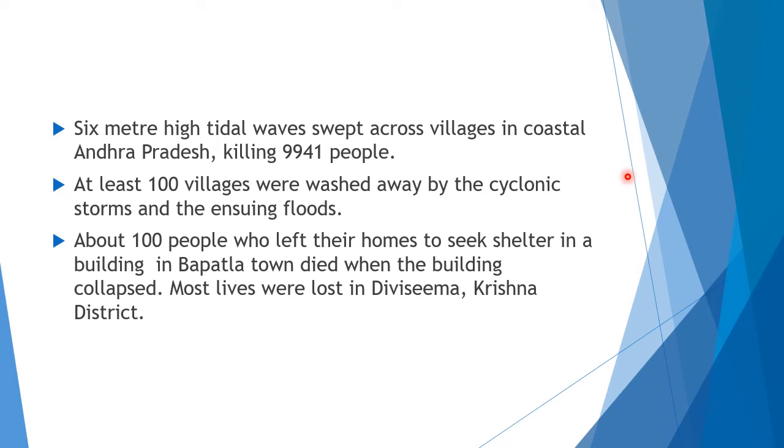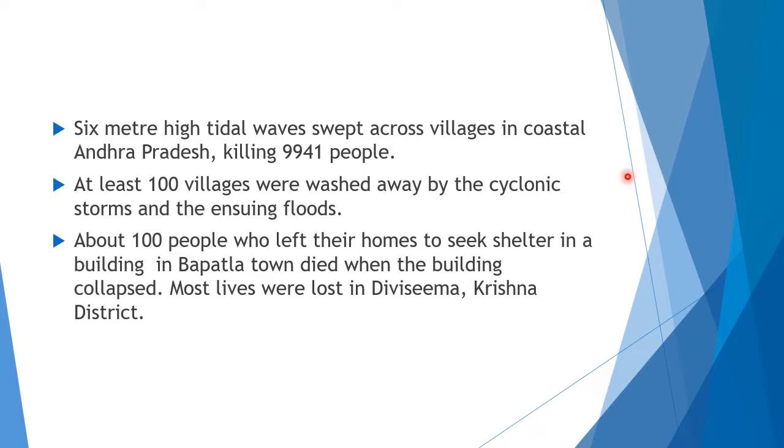About 100 people left their homes when they got heavy rains, as they came to know it was near the coast. So they went to stay in a safe place, a shelter in one of the buildings in Bapatla. But what happened, the building collapsed.